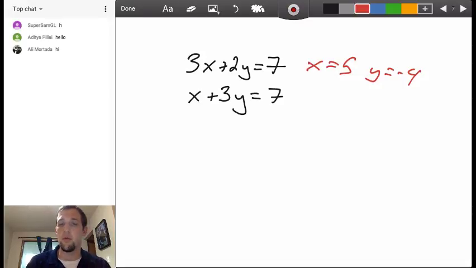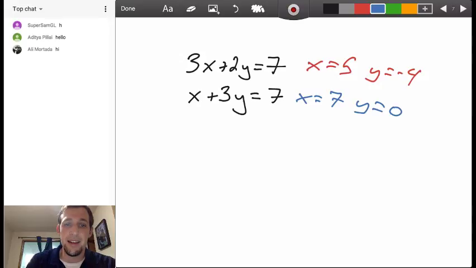A -4 in for y, I'd get -8. 15 and -8 makes 7, right? For the second equation, x equals 7, y equals 0 works. And yet, if you were to switch those and plug that blue solution into the top equation and that red solution into the bottom equation, it wouldn't work. You would get a wrong answer for that one.